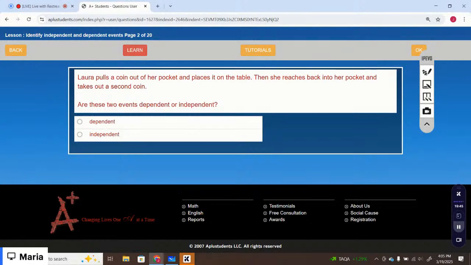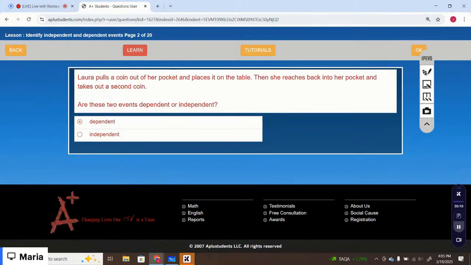Laura pulls a coin out of her pocket and places it on the table. Then she reaches back into her pocket and takes out a second coin. Are these two events independent or dependent? They are dependent events. How? For the first time, for example, you have four coins, right?